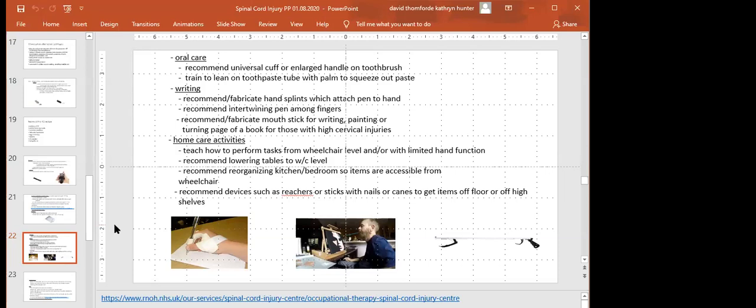For tooth flossing, there are little devices that you can buy that you can hold on to the end to floss your teeth. You don't have to wrap it around your finger. And then if a person has trouble getting the toothpaste out of the tube, if they cannot squeeze it, they can put it under one elbow and lean to the side, or put it under their palm and lean to the side and squeeze the toothpaste out of the tube.